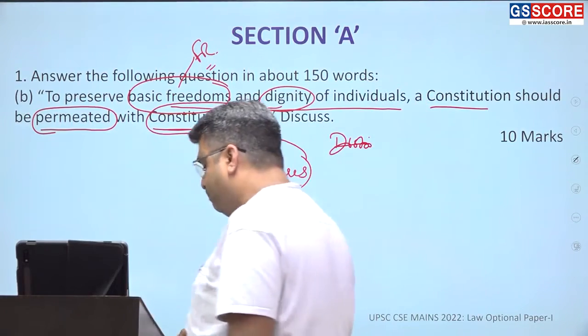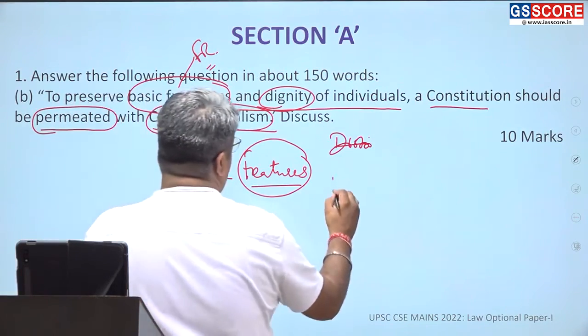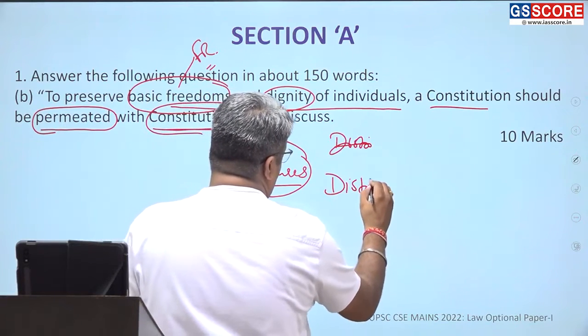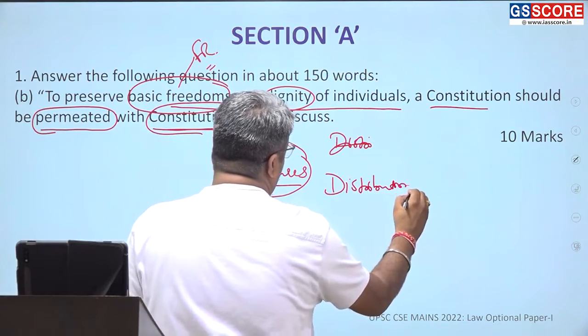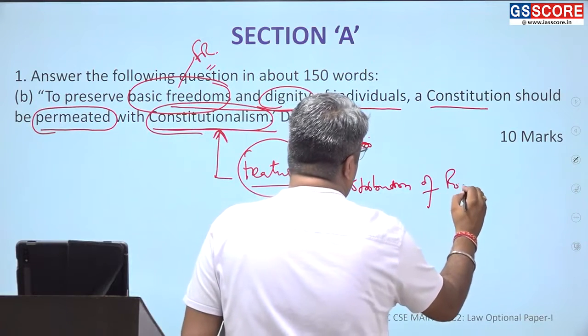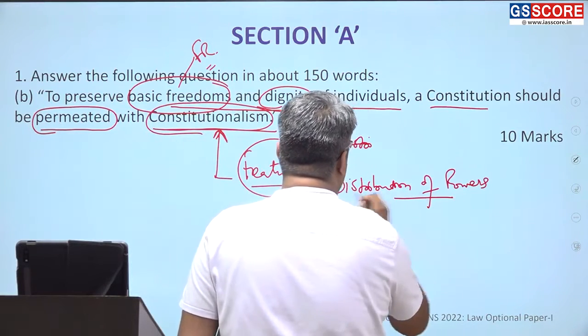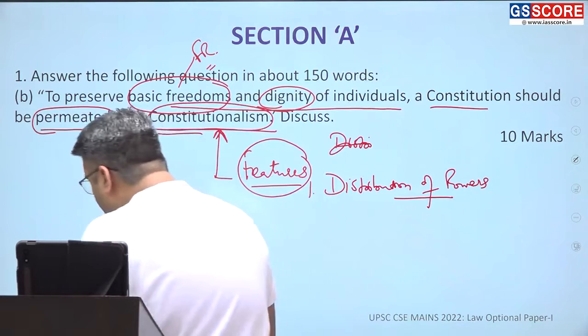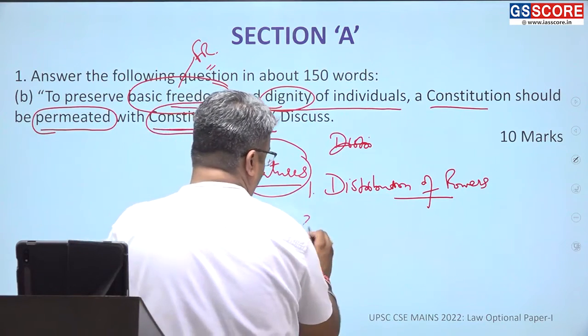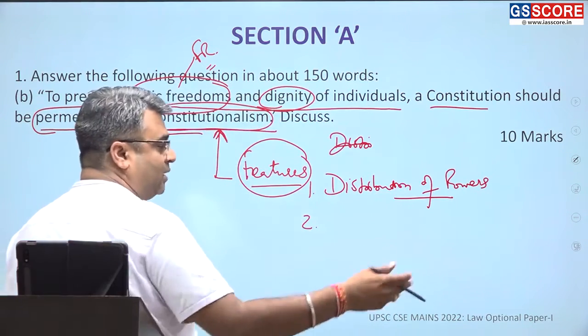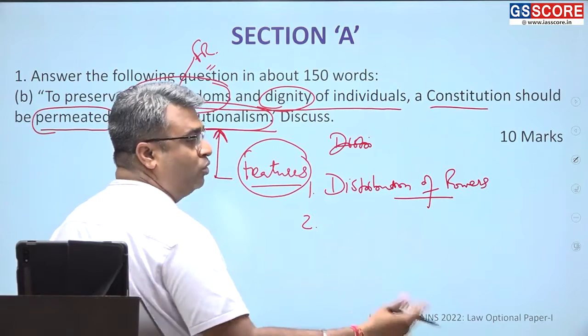Like for example, number 1, distribution of powers. In India, our constitution has clearly given that the powers are already bifurcated between the union government and the state governments. Okay, and there are some concurrent kind of matters as well under the domain of both kind of governments.